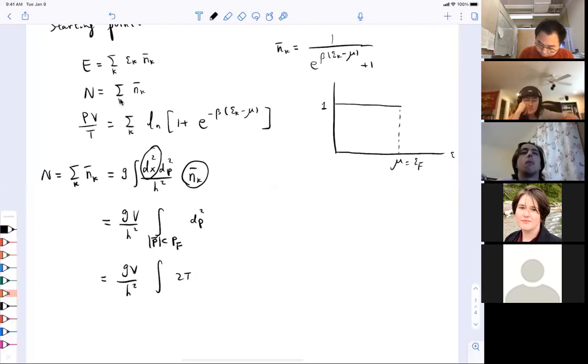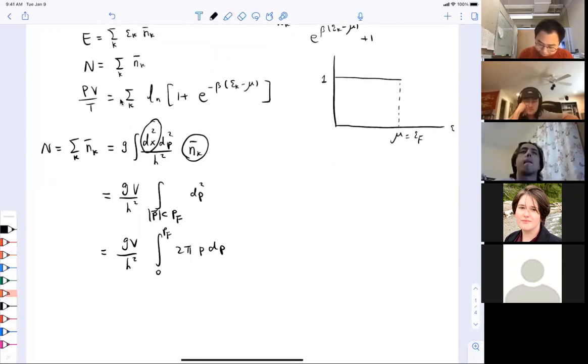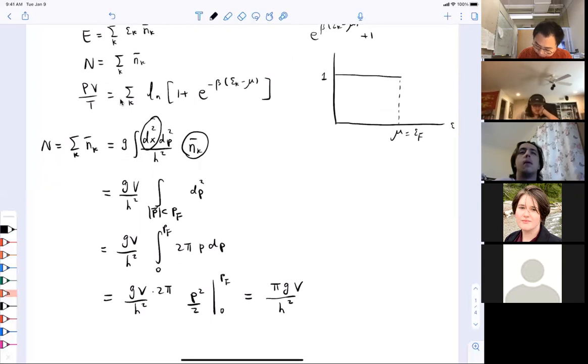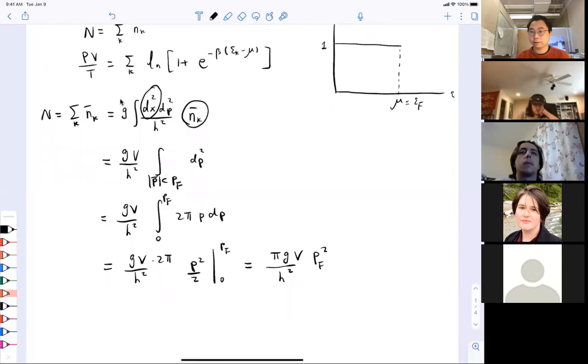This is just 2 pi p dp from 0 to PF, which is given by 2 pi times p squared divided by 2 up to PF, which is pi GV divided by h squared times PF squared, right?